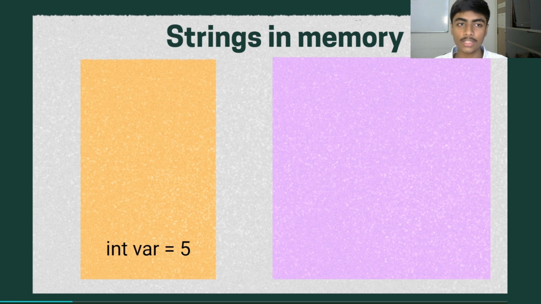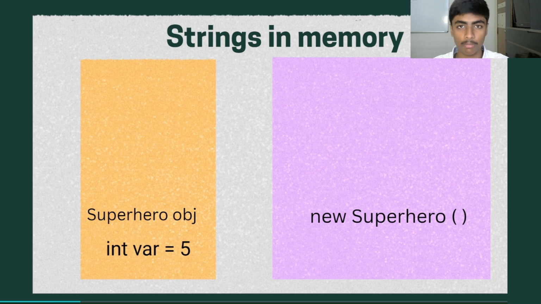Now, an object is stored a little differently. Let's say I made a class called superhero and I made an object of the class called obj. The name of the object is going to be stored in this left column, but the actual object is going to be stored in this other column. Now, the first question you might have is that if they're stored separately, then how would I use the methods of this object using this object name obj? To do this, we're going to use what's called pointers.